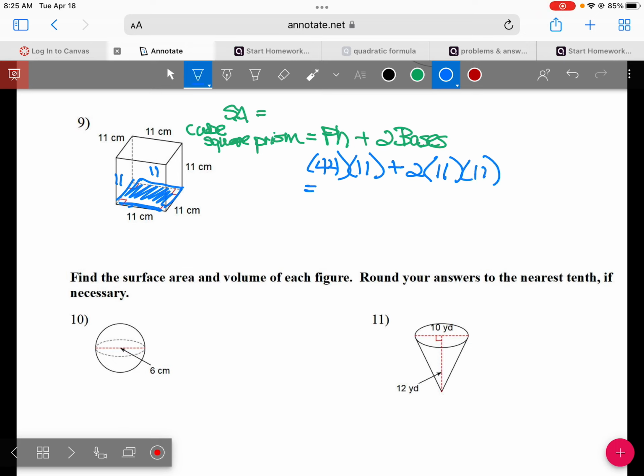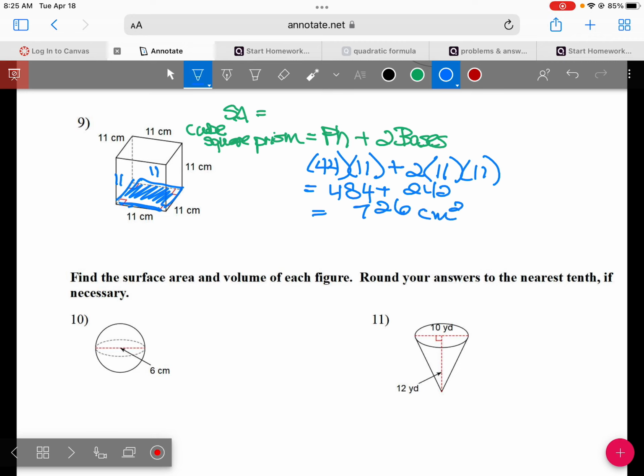Now, if you put all of this together, and I don't have what that number is individually. Actually, I think I do. It's 484 here plus 242. You should get a total of 726 centimeters squared.